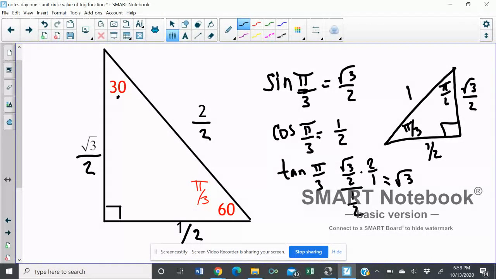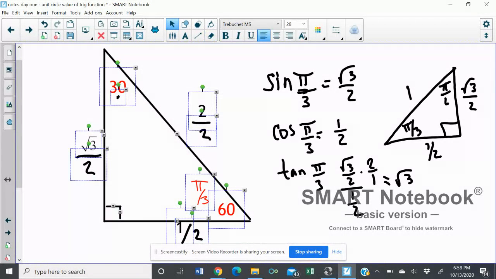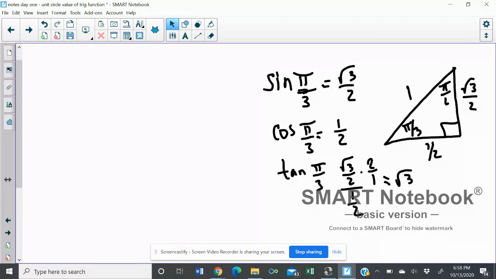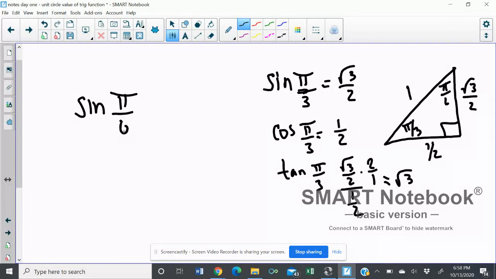Okay. All right, I'm going to stick on this page for a second. And I'm just going to do this and get me some space. Okay, so now if we're looking over here, if we want to do the sine of pi over 6, which is 30 degrees, here's my angle, right?